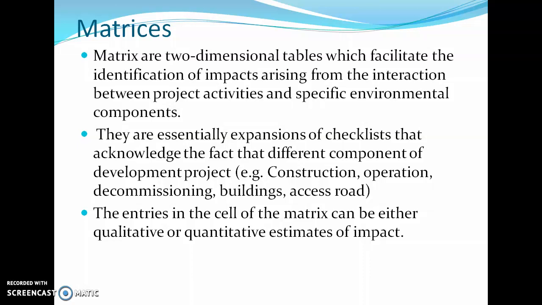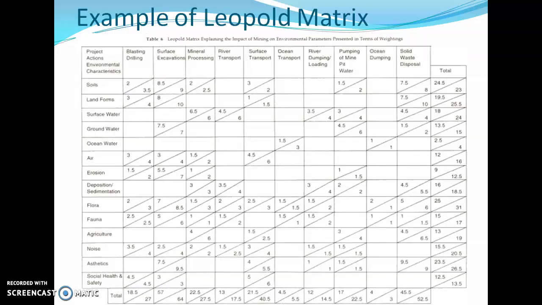They are essentially expansions of checklists that acknowledge the fact that different components of a development project, that is construction, operation, decommissioning, building, access road, are considered. The entries in the cells of the matrix can be either qualitative or quantitative estimates of impact. So we will see one type of matrix here. This is called the Leopold matrix. You can see the table.